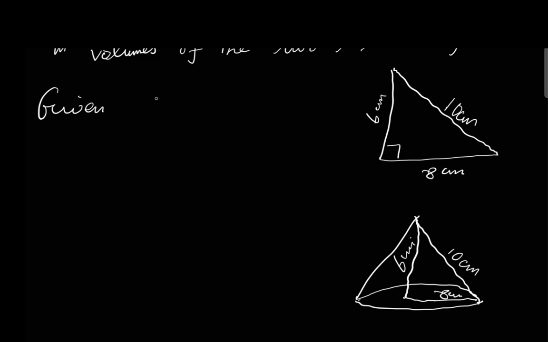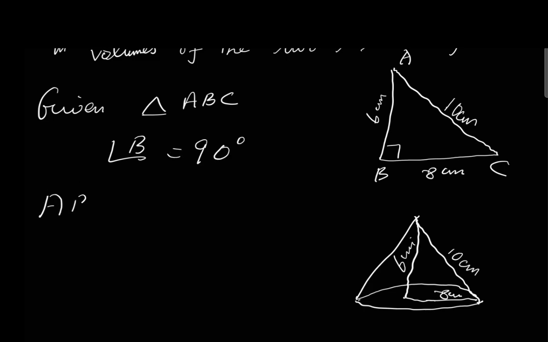Given triangle ABC, it's a right angle triangle. Let me mark this as ABC, angle B is 90 degrees. The sides are AB equal to 6 cm, BC equal to 8 cm and AC equal to 10 cm.